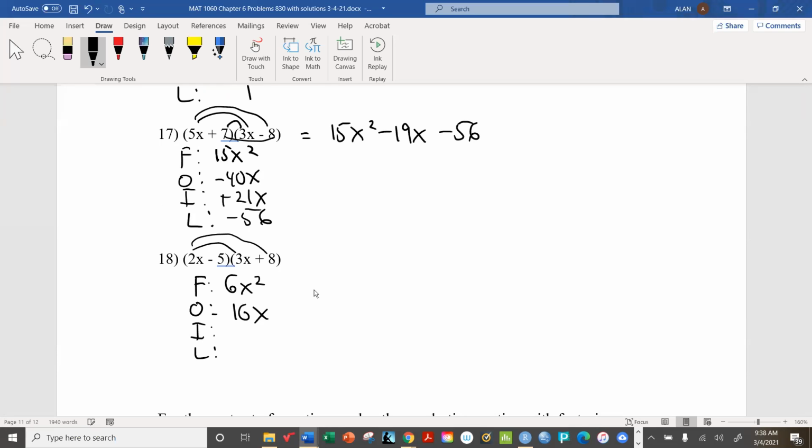This is 16x minus 15x, and then minus 40. Yeah, that's it. Beautiful.